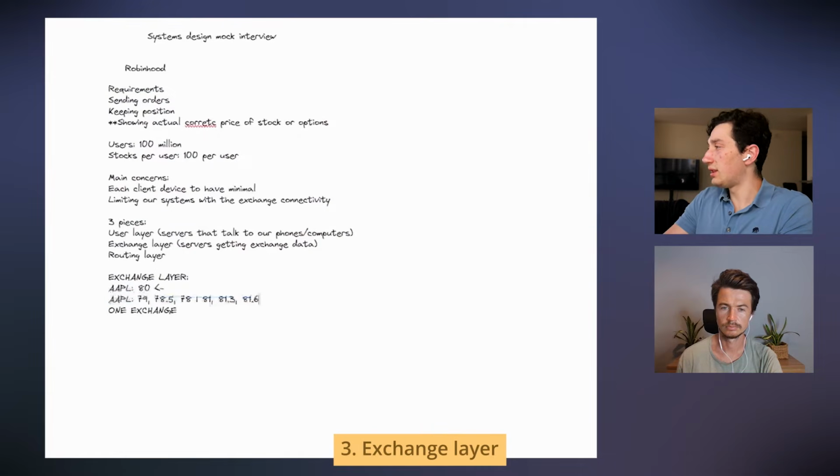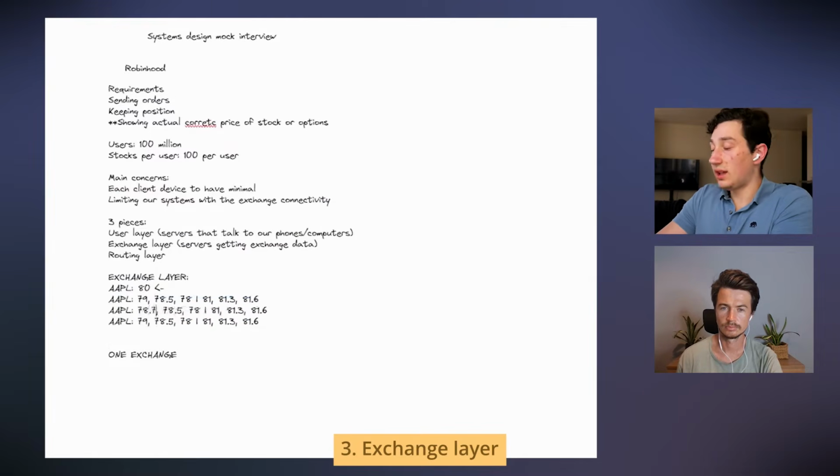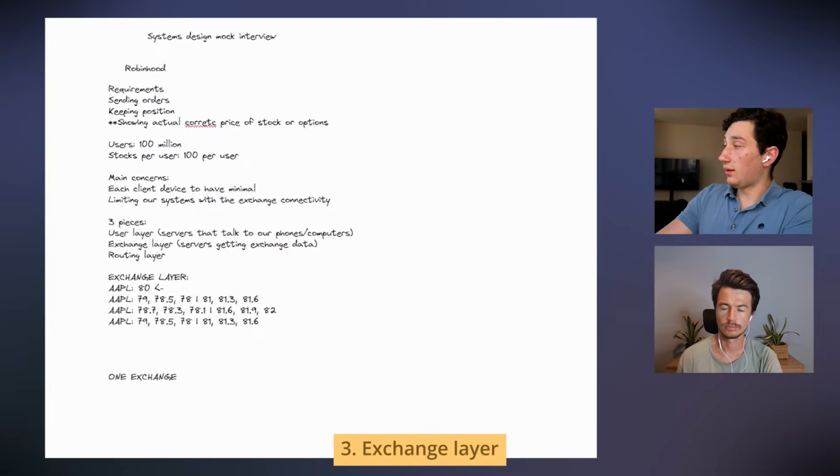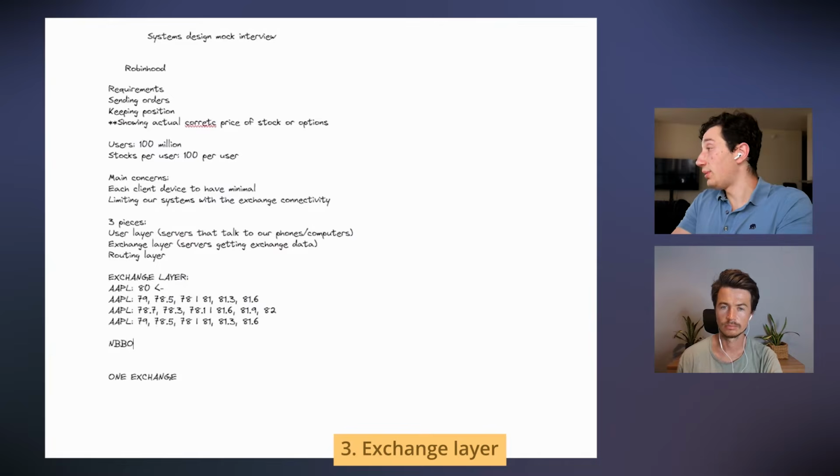I think maybe this is less so the case for stocks, I can't remember, but for options exchanges you might have 78.7 and 78.3 and 78.1 and 81.6. Basically this is known as the order book. The point is there's all this data throughout all these different exchanges, and we have to aggregate it somehow in order to provide just one price to our user. That's what we would call the NBBO.